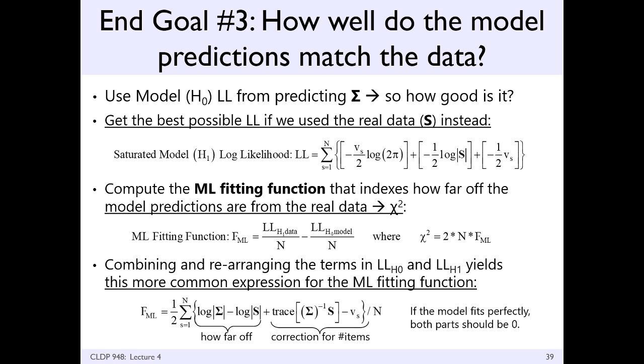That's known as the saturated model in this context. It's also known as the unstructured model in multi-level context. It's known as H1. So you end up comparing your model, H0, to the best possible, let all the covariances just be whatever they want, H1 model, and you see how far off you are.